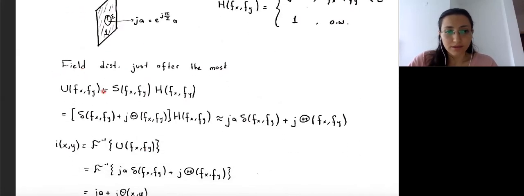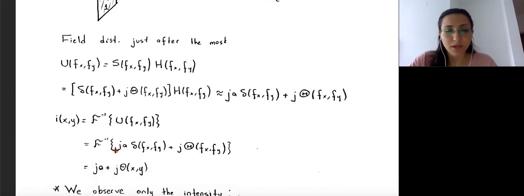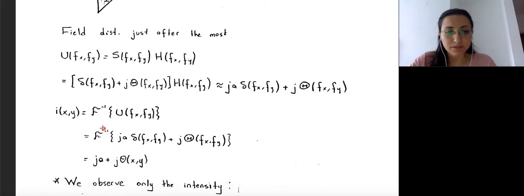So in our eyes, we're going to see the Fourier transform of this thing, or we can design the system in a way that it also takes inverse Fourier transform. Let's say that's an inverse Fourier transform. It will not really make a difference. Okay, let's now take the inverse Fourier transform of this field distribution after the mask.